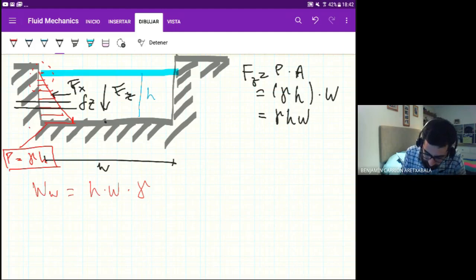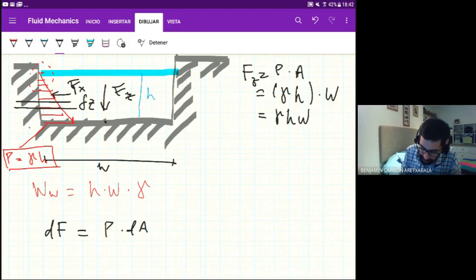So the delta force applied on this small parcel of the wall is going to be the pressure at that position times the delta area. And the pressure at that position is going to be nothing more than gamma times z.